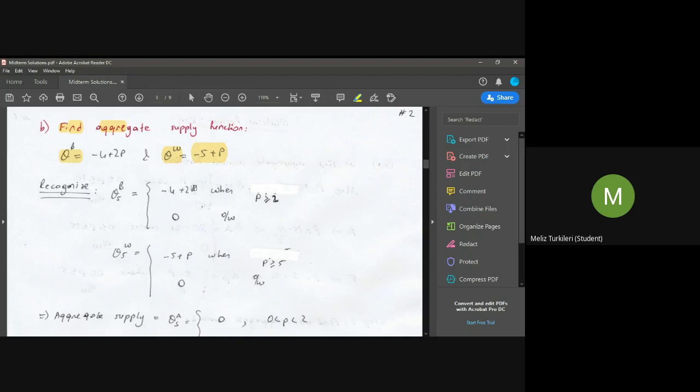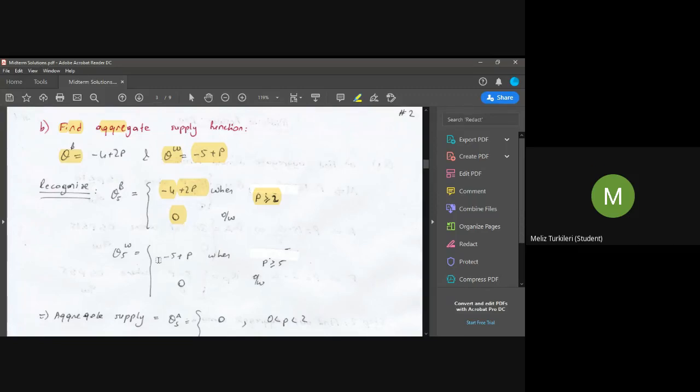Since no supplier wants to produce a negative amount, it is not possible, it is not the case. Therefore, when the price is higher than 2, this is our function. But when the price is lower than 2, then we have zero supply in the market.